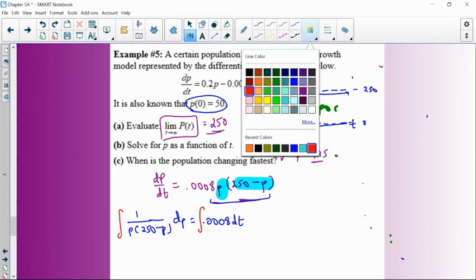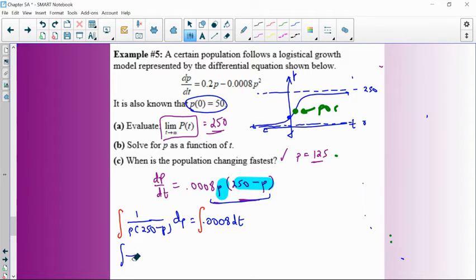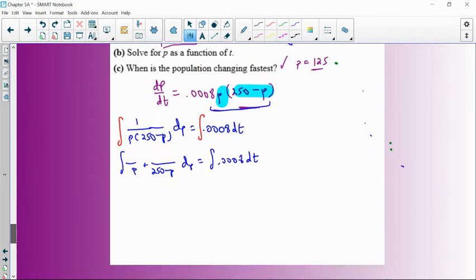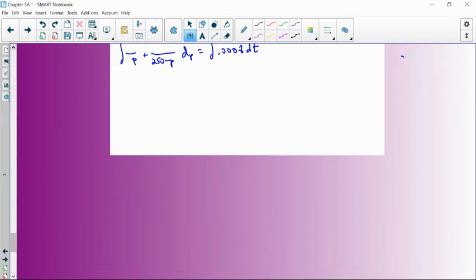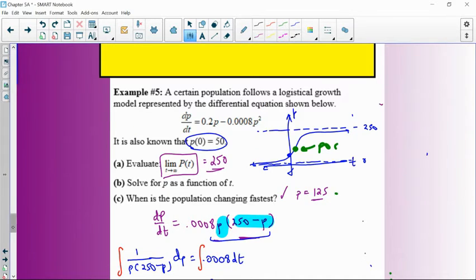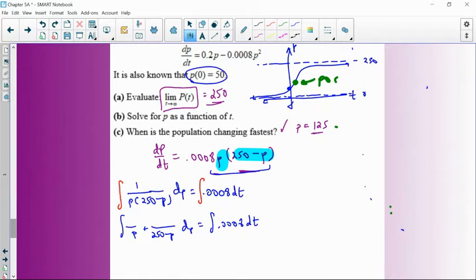And so we want to break those two up into some amount over p plus some amount over 250 minus p, dp equals the antiderivative of 0.0008 dt. So, some of you are going to get really good at finding those missing coefficients, and they usually are the same value, especially when in the denominator, one is a positive, one is a negative.